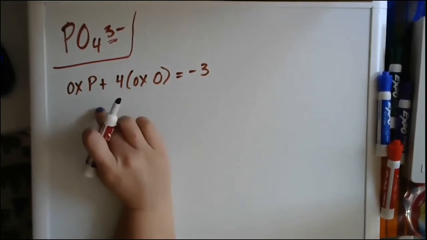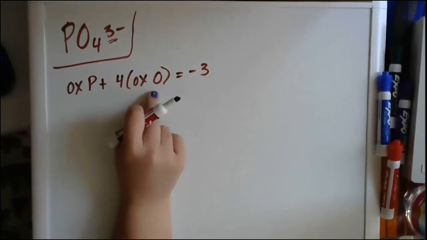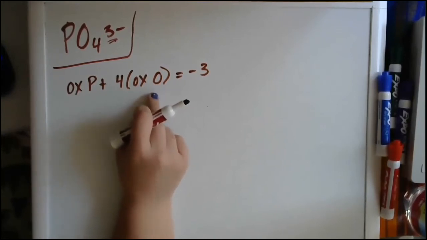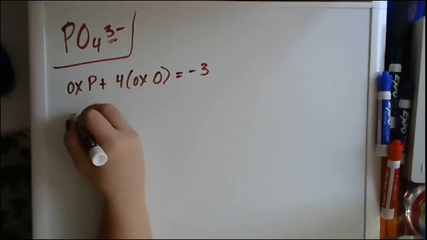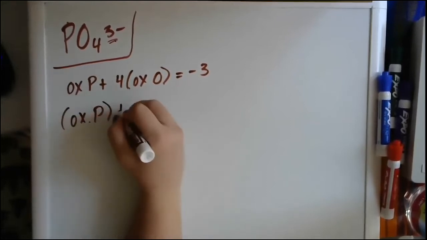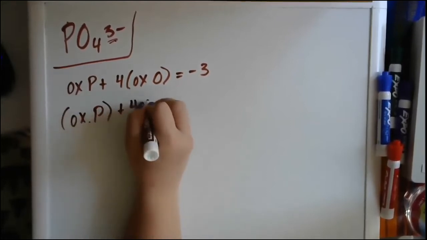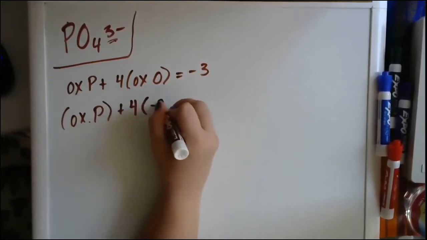I don't have a rule for phosphorus, but I do know that according to that list of rules, the oxidation state of oxygen is -2 if no other rule contradicts that. So I don't know what my oxidation state of phosphorus is, so I'll leave that alone for now.